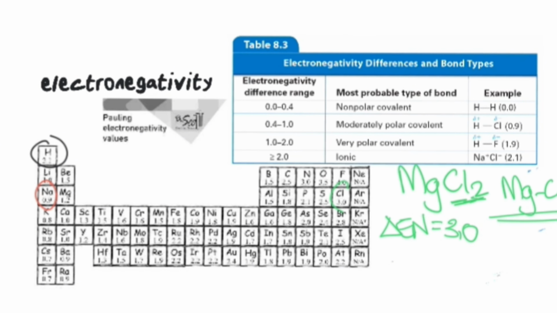So 3.0 minus 1.2 would give me 1.8, and because that is greater than these values, we will say that it is an ionic bond.